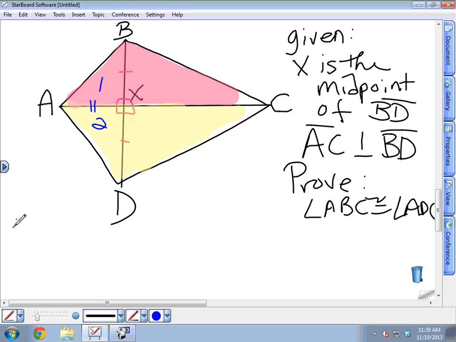So now I have these two triangles congruent, right? So what else is congruent, Jordan? Just give me some things that are congruent. These two triangles here are congruent. All their corresponding parts are congruent, right? So what are their corresponding parts? Line AD and AB. What else?